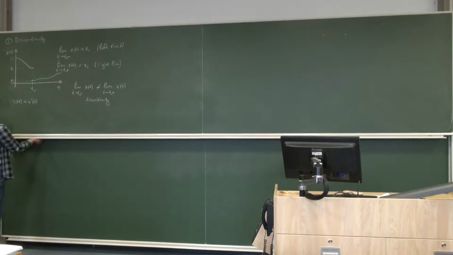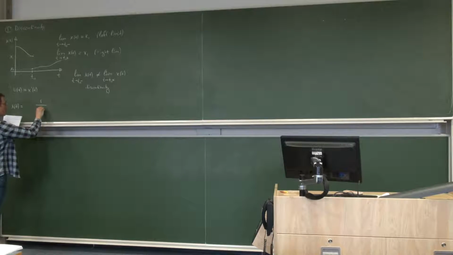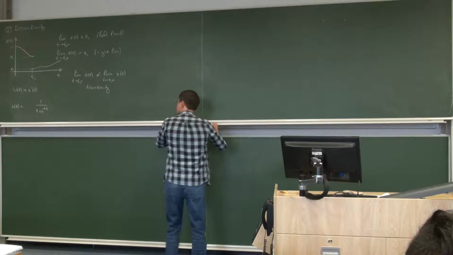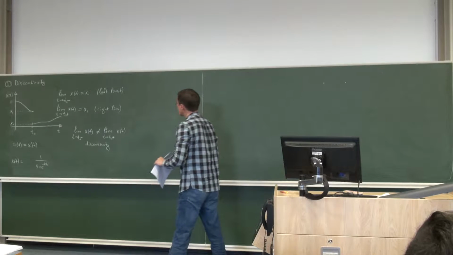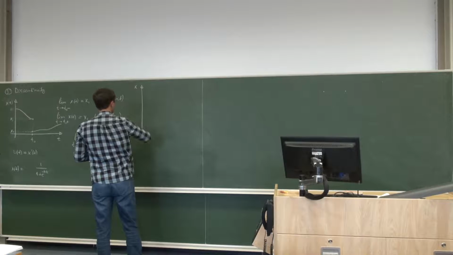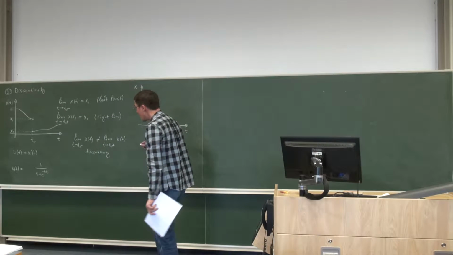So let me illustrate what I mean. Let us consider the velocity of the coordinate first as the following function: 1 over 1 plus e to the minus kt, where k is some positive number. Let us try plotting this function and seeing what is going on. So this will be our coordinate, x, and that will be time.